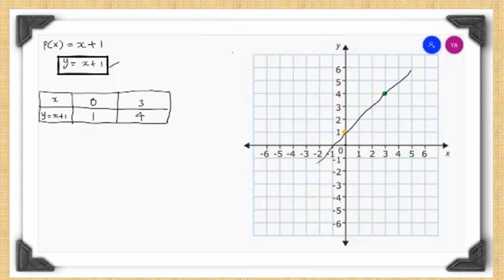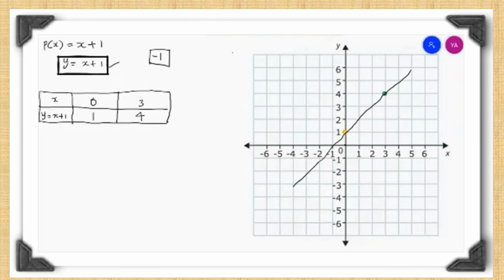Okay, so linear equations are called linear because their graphs are lines, straight lines. So this is the graph for y is equal to x plus 1, a linear equation. And we will check: we have found that the 0 of this polynomial is -1, and there is a relation between -1 and this graph. Look at this graph.